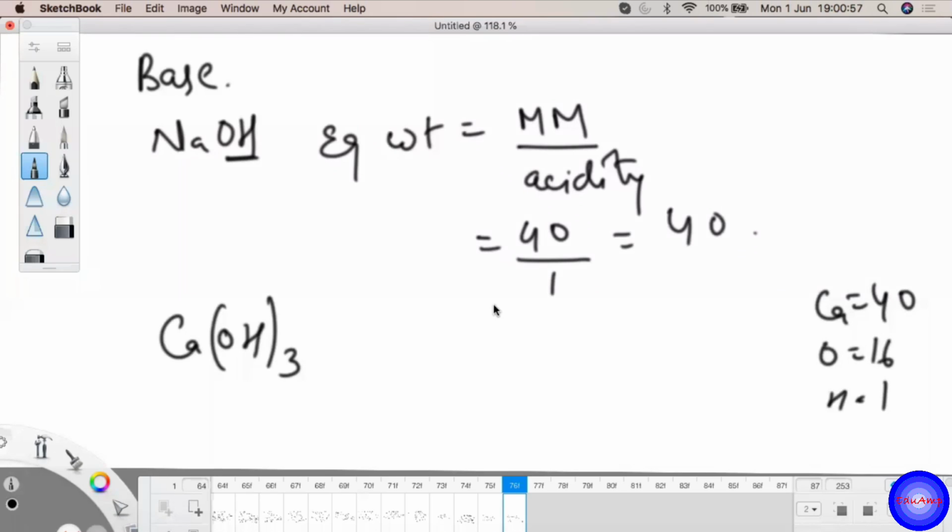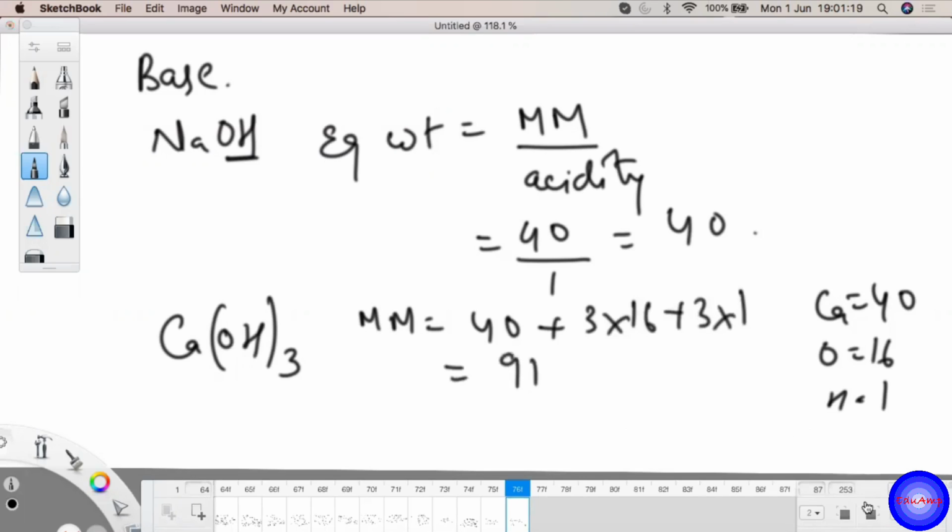I am getting very different answers. Okay, so I'm going to solve this question. First, let's calculate the molecular mass. Calcium is 40 plus 3 into 16 for oxygen plus 3 into 1 for hydrogen. Total comes to 91.